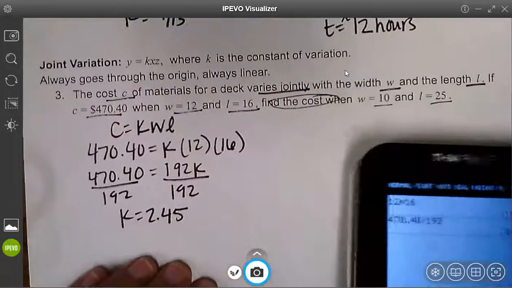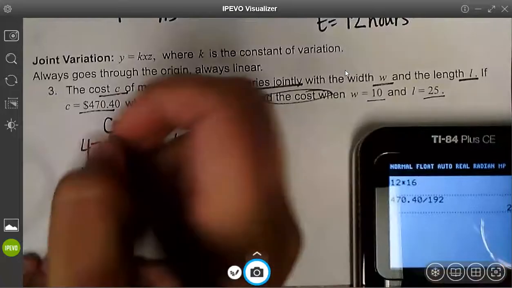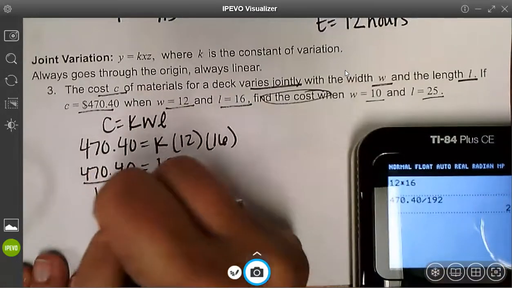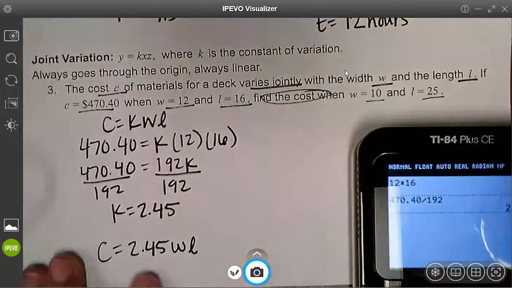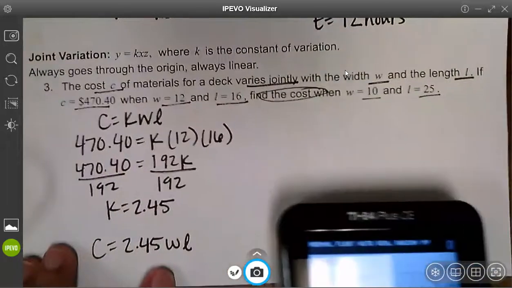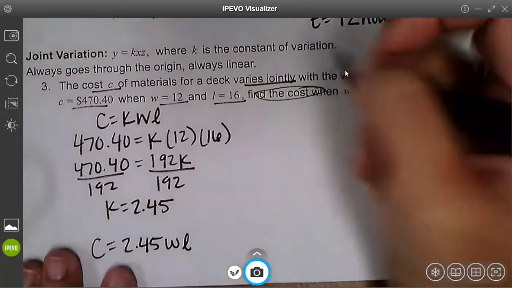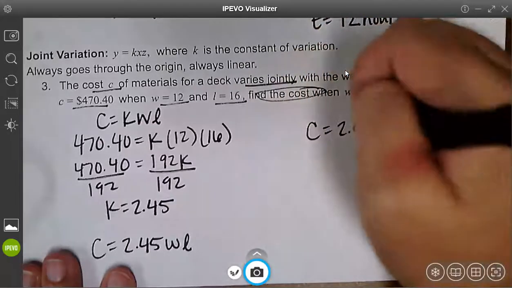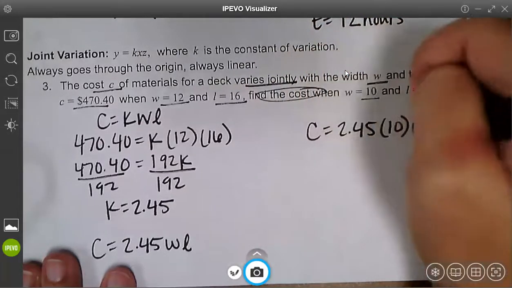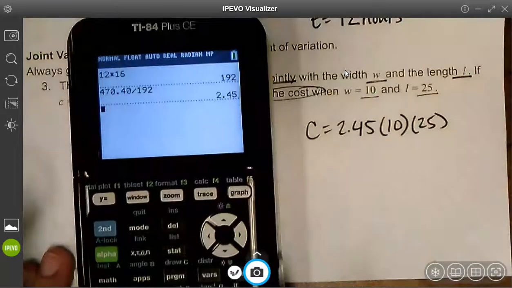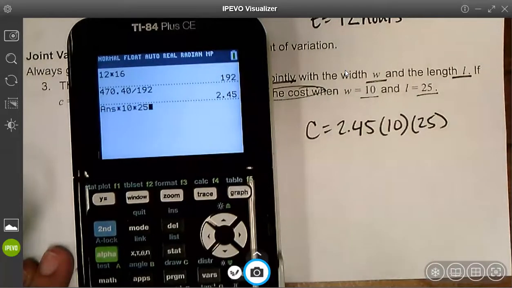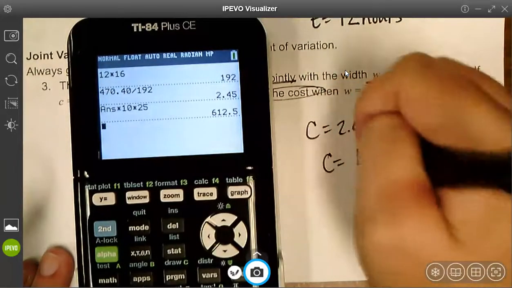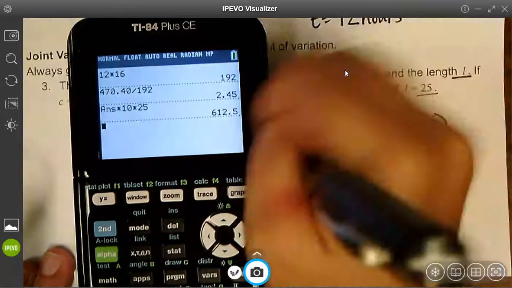So now my equation is C equals 2.45 WL. So to find the cost when the width is 10 and the length is 25, I just plug that in. C equals 2.45 times 10 times 25. So I multiply that out, and my cost is, we're in dollars, $612.50.